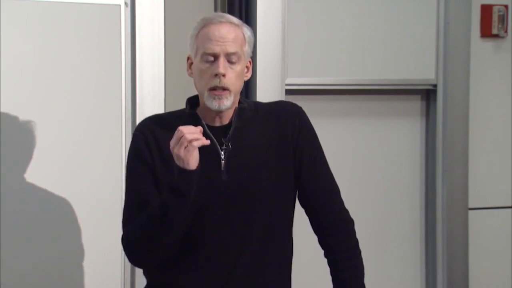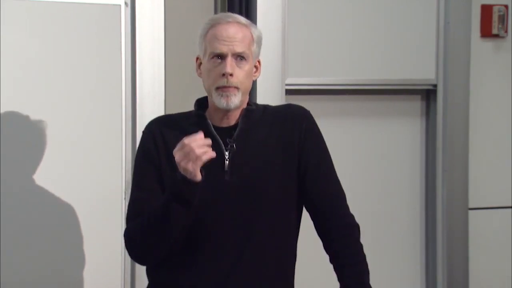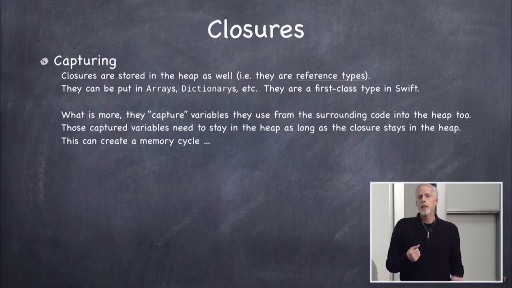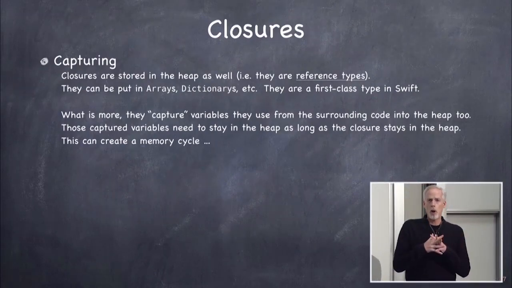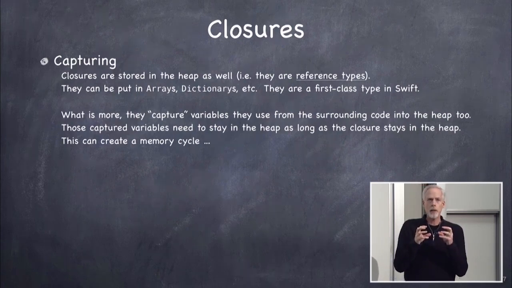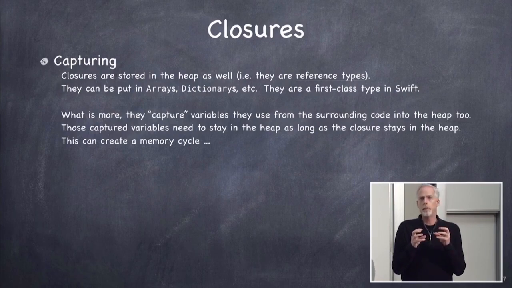Now, closures have an interesting attribute about them, which hopefully you read about in your reading assignment, that really has a lot to do with this strong, weak, and unowned business, okay? And what goes on inside of a closure is that a closure captures all the references inside of it, okay? It captures them and makes a strong pointer to them.